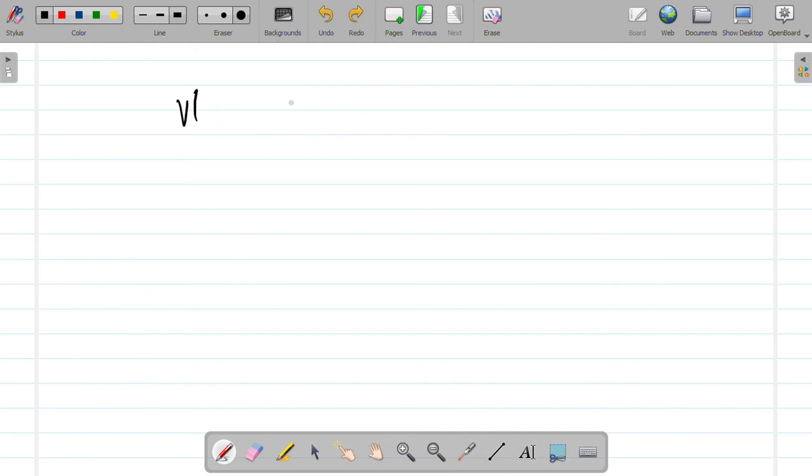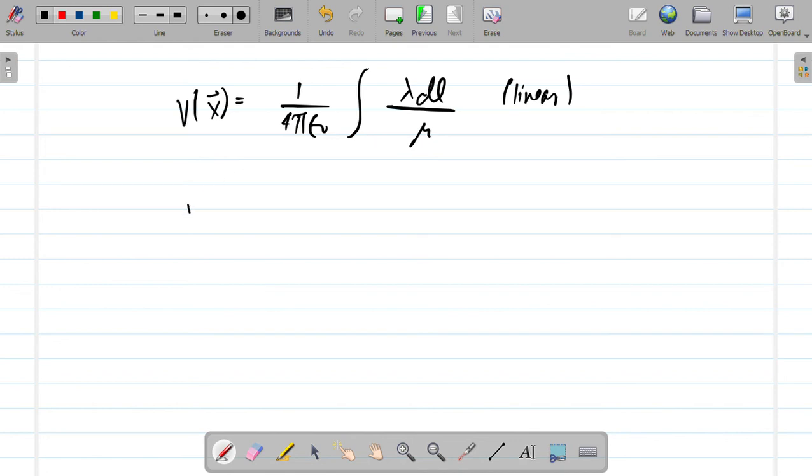So, V of X na lang. 1 over 4 pi epsilon naught. Para any coordinate system, ma-apply siya. Lambda dl over script R. This is for linear charge density.